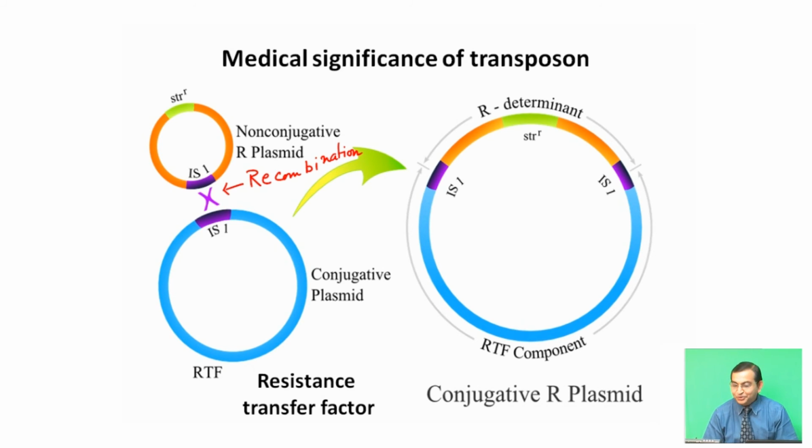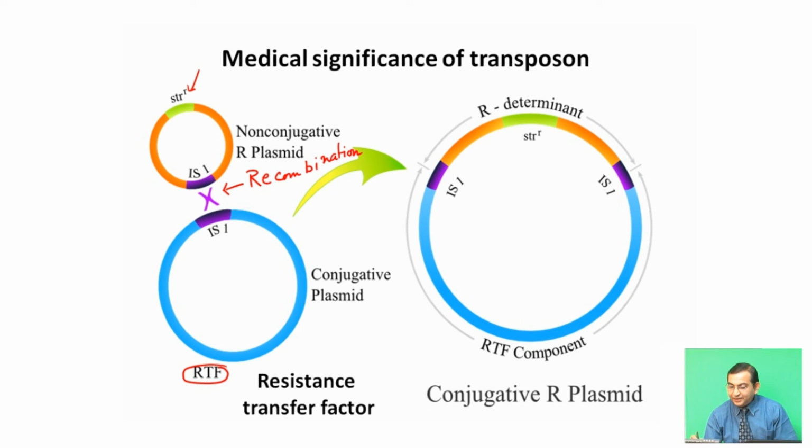Conjugative plasmids facilitate conjugation and pass during the formation of the conjugation tube. It undergoes recombination with a non-conjugative R plasmid which carries a streptomycin resistance gene and also carries IS1 elements. The conjugative plasmid which carries the RTF, the resistance transfer factor, facilitates the transfer of resistance factor.